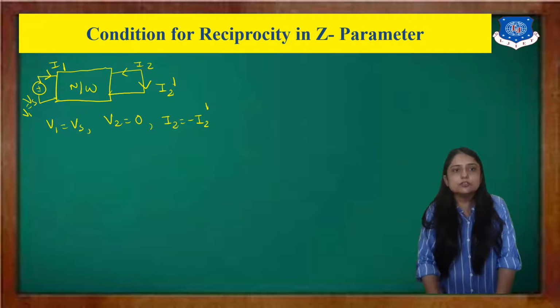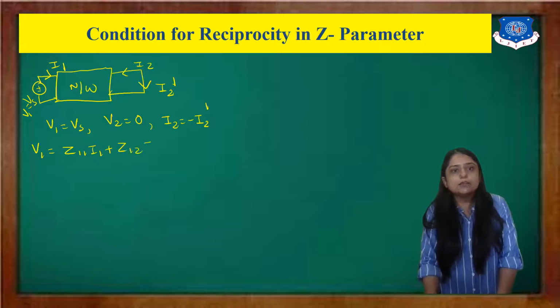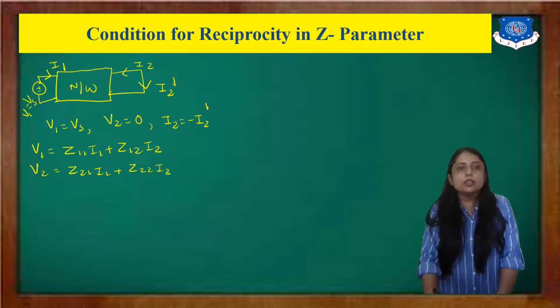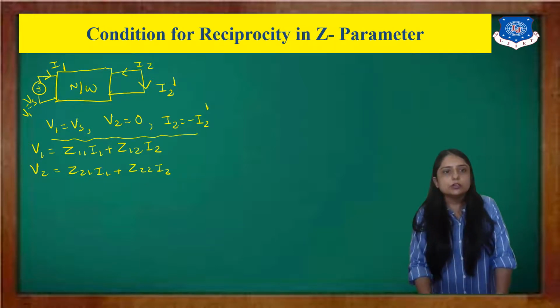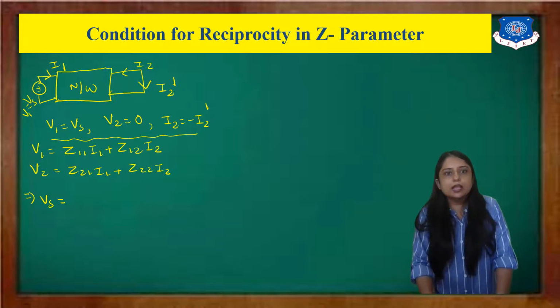First of all I'll write the Z parameter equations: V1 equal to Z11 into I1 plus Z12 into I2, and V2 equal to Z21 into I1 plus Z22 into I2. Now substitute all these values in these two equations. In place of V1, that is Vs, Z11 I1 as it is.